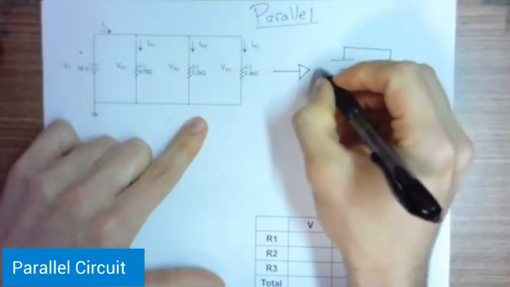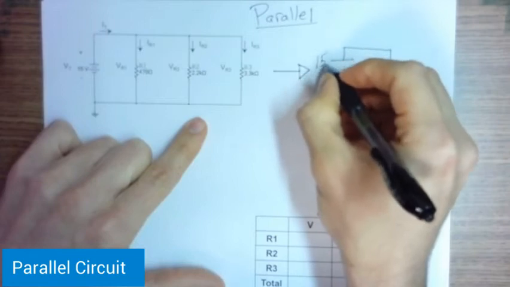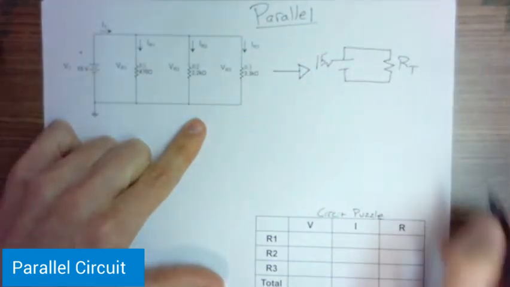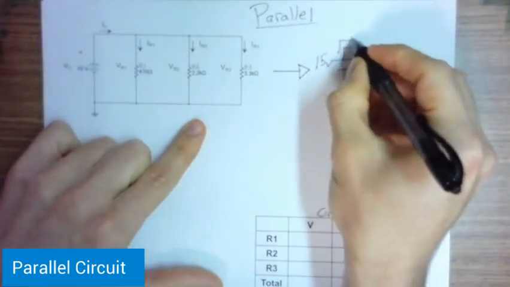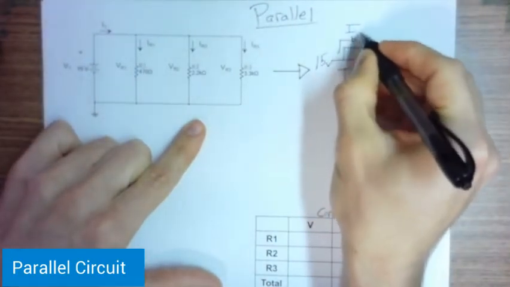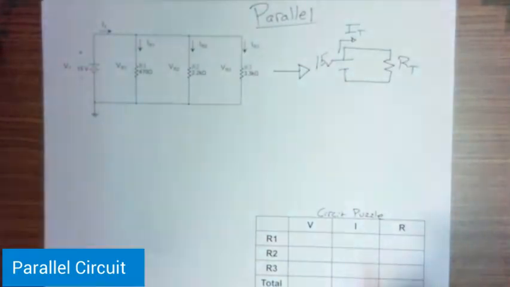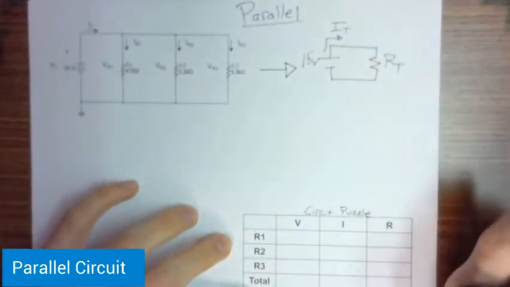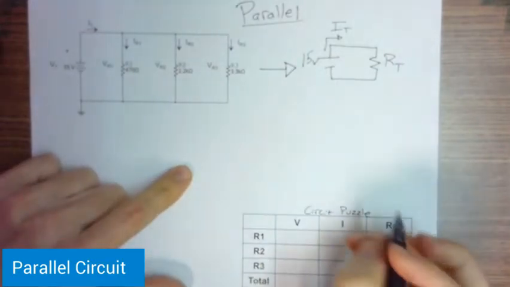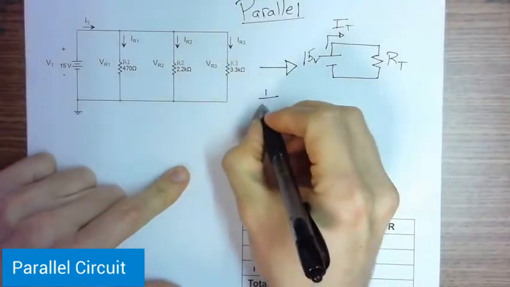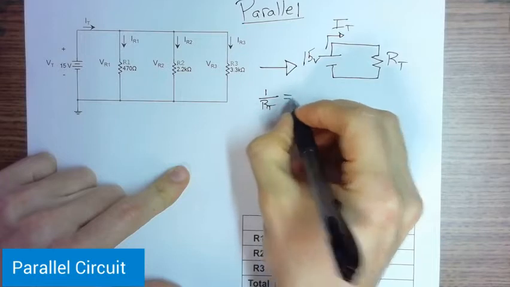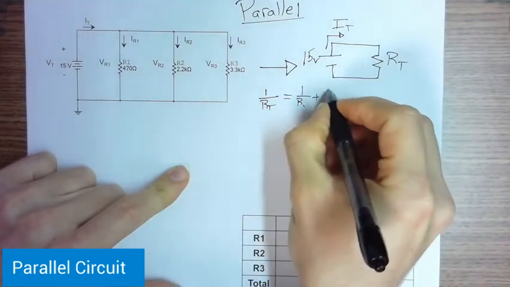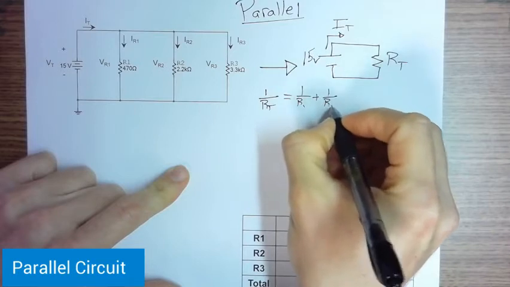So we have our initial voltage, 15 volts, and we want to find our total resistance, and we want to find our total current through all of those. And that'll give us plenty of information to fill out in the circuit puzzle. So the way that we do it, we use that equation. 1 over your total resistance is equal to 1 over R1 plus 1 over R2 plus 1 over R3.